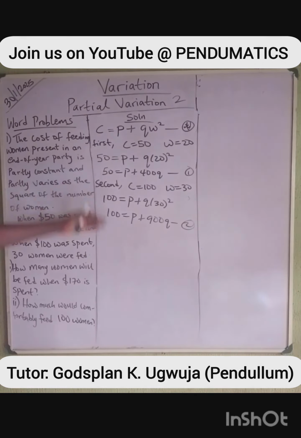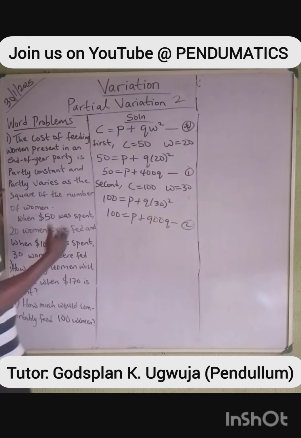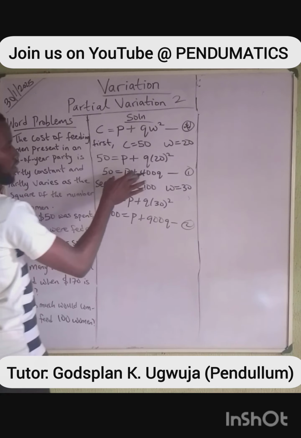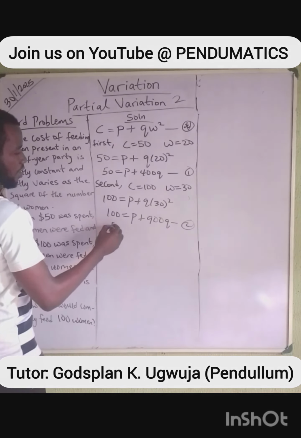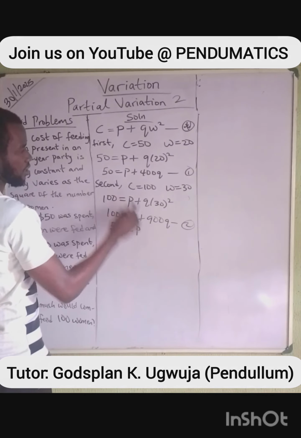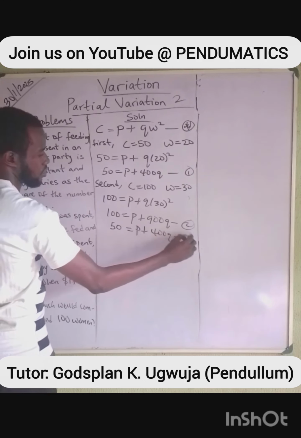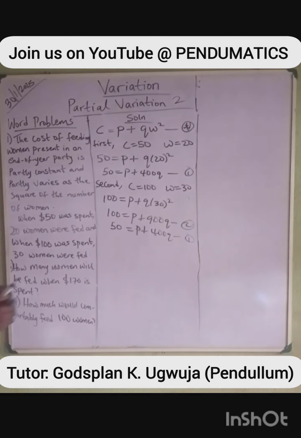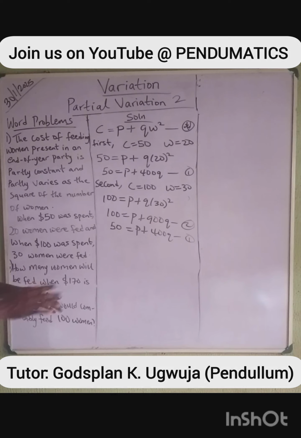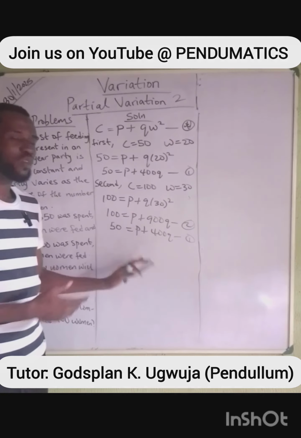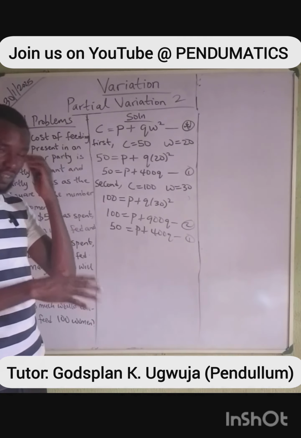Now, we have two equations with two constants, so we are going to solve simultaneously. The way we did it in the other video, and an easy way, just bring this one down here. So if I bring equation 1 down here, I have 50, I'm writing this down here, plus 400Q. All right, now I'm solving by elimination. Elimination is usually the fastest way to solve simultaneous equations. I said in the other video, if you don't know how to solve simultaneous equations, pause this video.